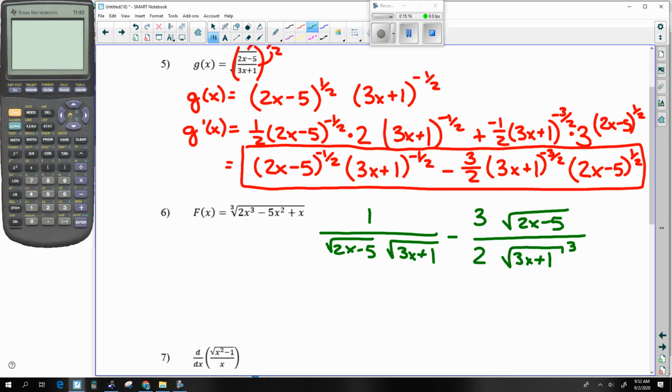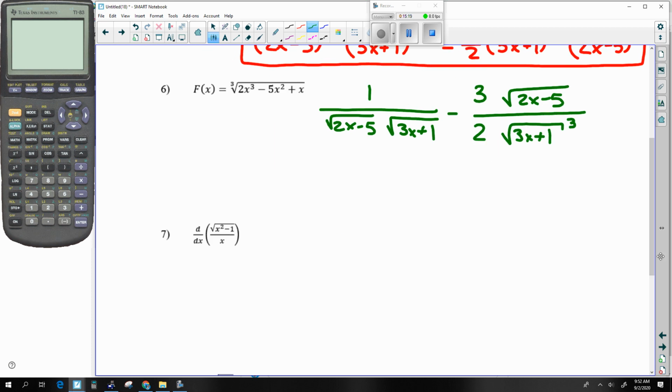Now, the key to a successful cleanup process is just getting a common denominator. So we're left with the subtraction, and we need to obtain a common denominator. And that's usually the key to success and what you physically need to be doing. All right, so taking a look at the easy stuff. What does the left-hand side need that the right-hand side has as far as the denominator? Well, it has a 2, so I need to put a 2 on the left-hand side. It has a square root of 3x plus 1, but it has 2 more.